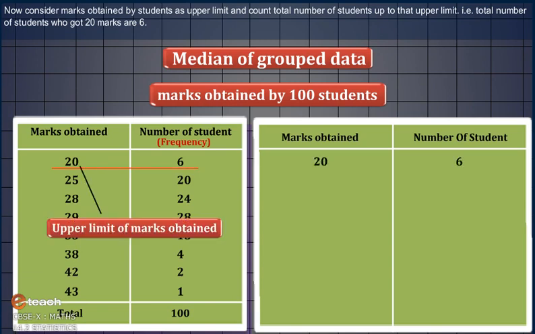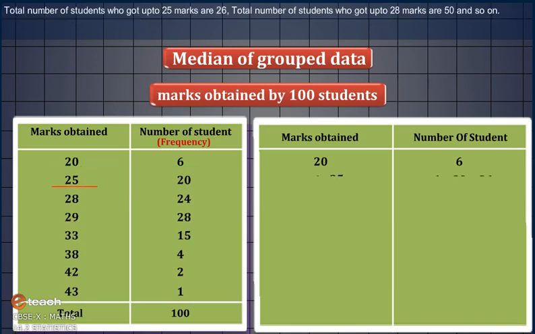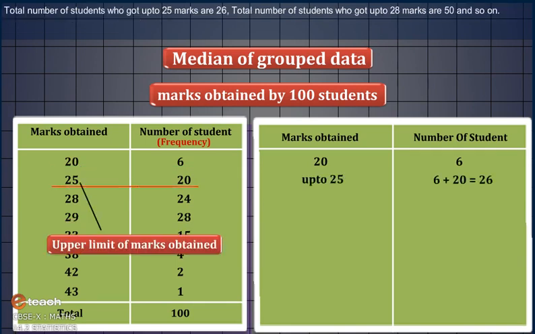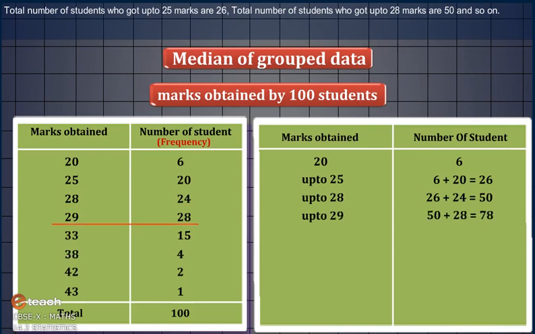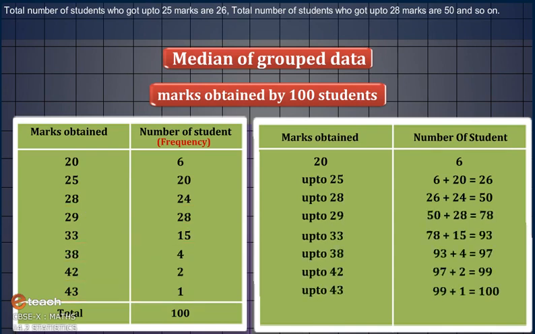That is, total number of students who got 20 marks are 6. Total number of students who got up to 25 marks are 26. Total number of students who got up to 28 marks are 50 and so on.